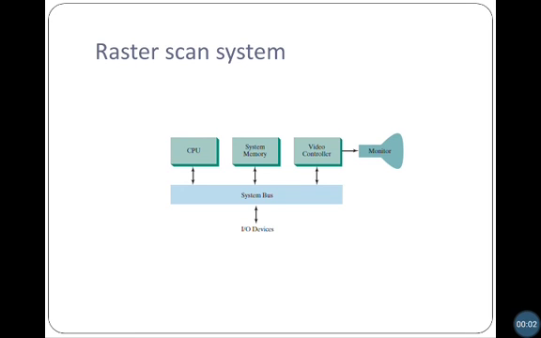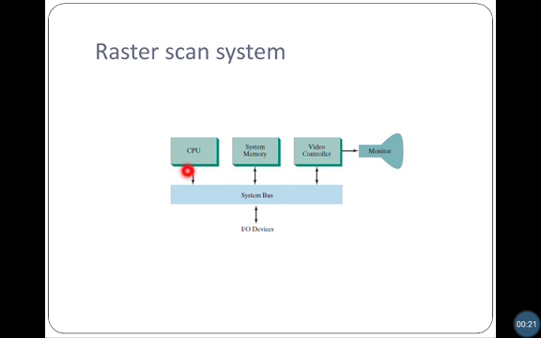Hello everyone. So today we are going to discuss the raster scan system, and usually this is asked for 5 to 6 marks. So it's a very straightforward, simple question. If you observe here, a raster scan system consists of many processing units.